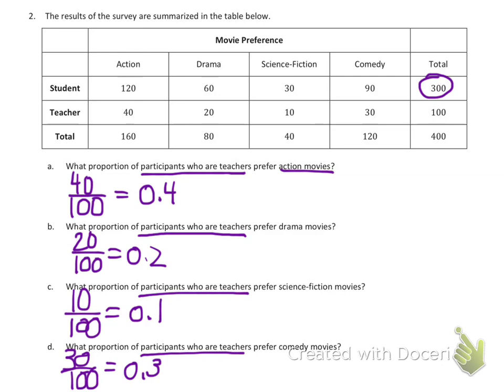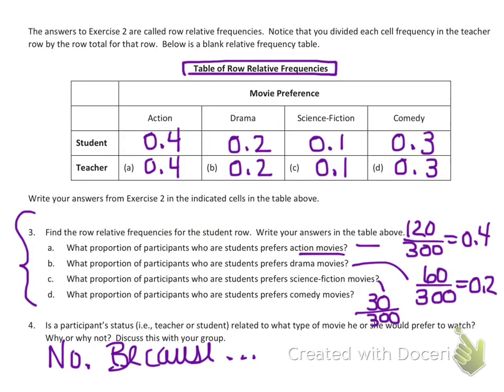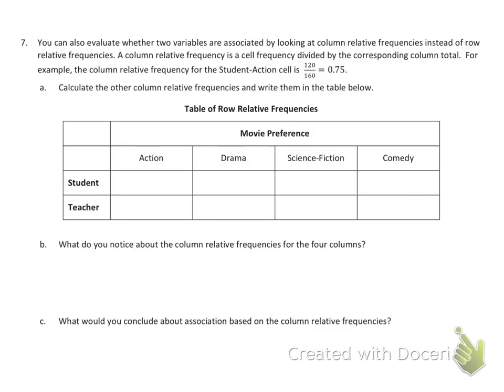Okay, so if we look at the total here, there were 160 people surveyed who said action was their preference. 120 of those were students. So 120 out of 160 is 75%. If you do the math, that would be 75%. So let's go back.